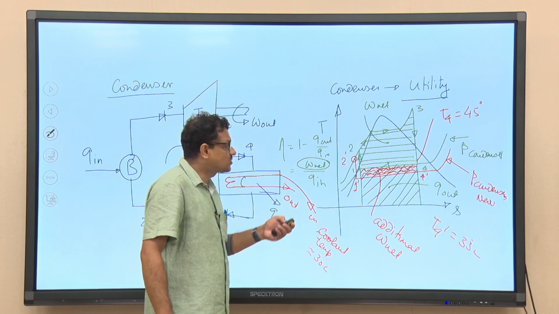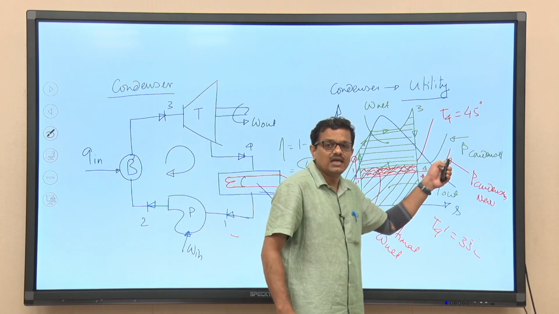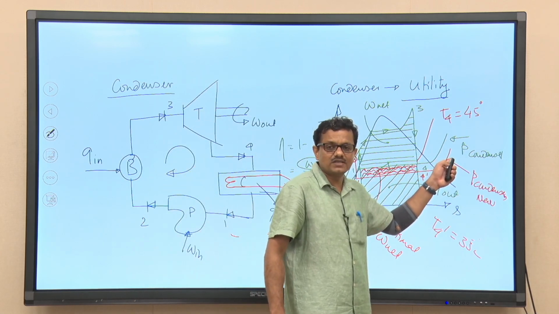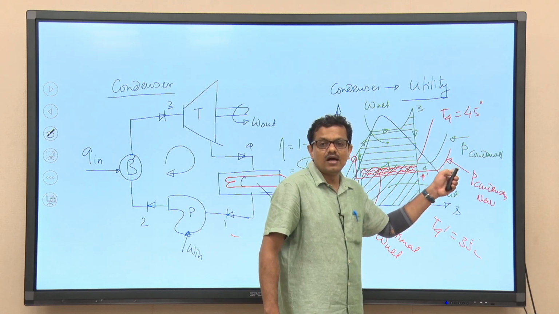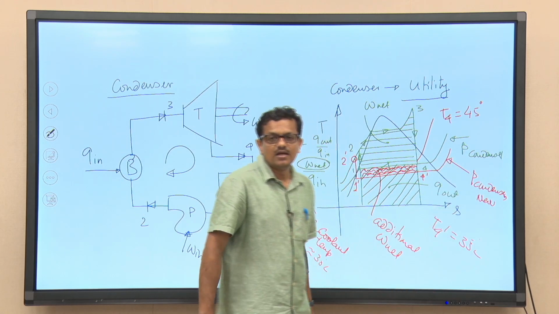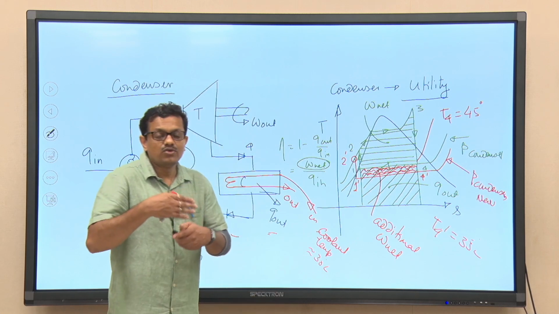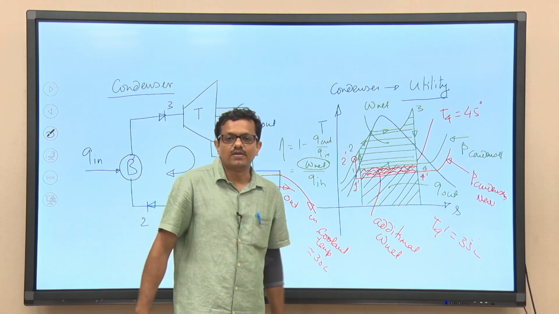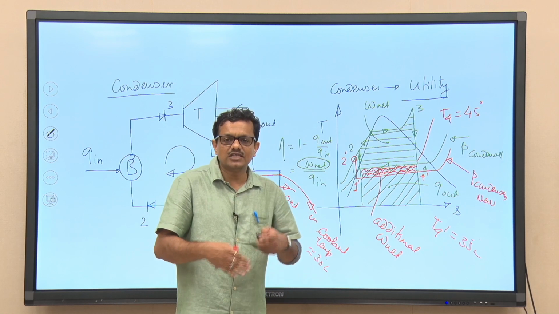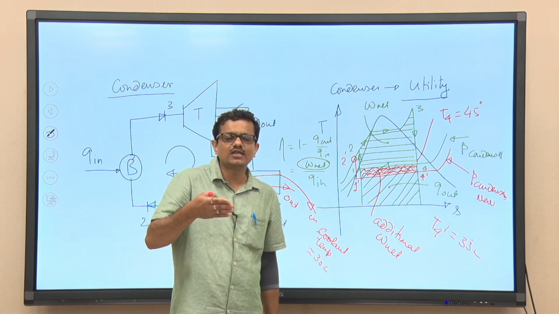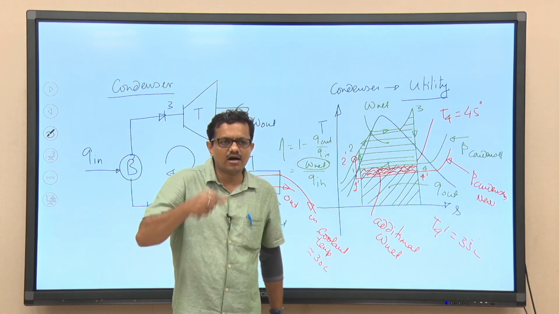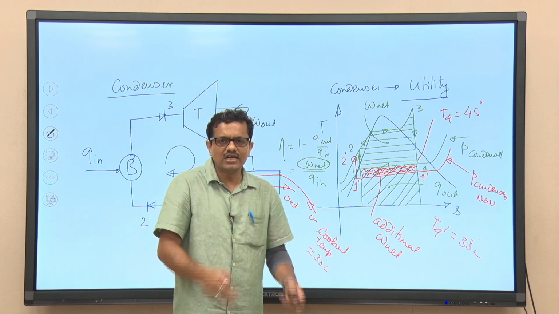Now, we have also seen that if I reduce the pressure at which condenser is operating, we cannot eliminate the air leakage problem. So, air leakage problem will be there because this is mechanical device. So, air will leak through the glands and also the joints, etc. So, air will definitely leak.